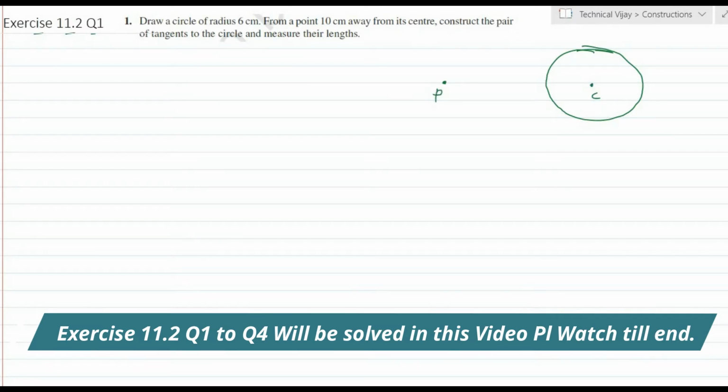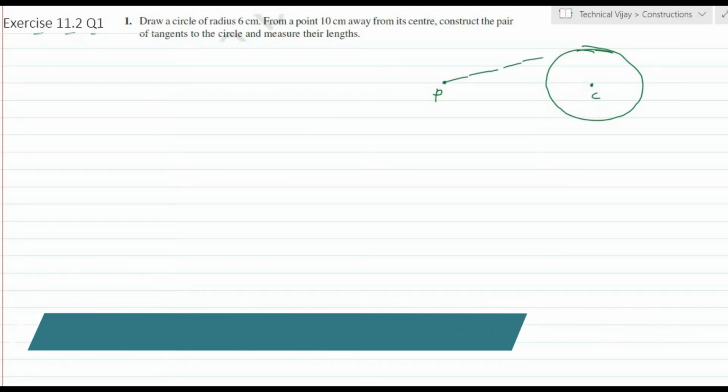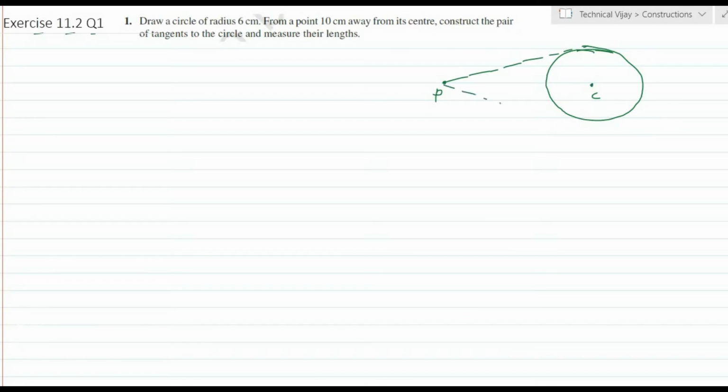Construct a pair of tangents to the circle. So for this circle we have to construct a pair of tangents.